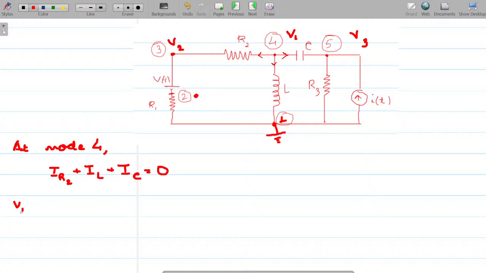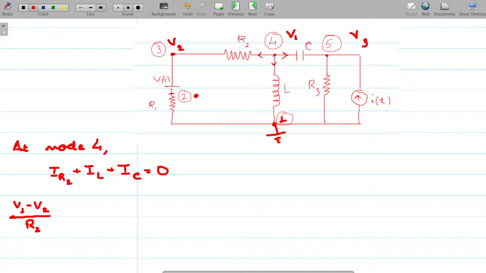Okay, so tell me what is the current through R2? Can I say V1 minus V2 upon R2? Simple application of Ohm's law. Did I not tell you KCL nodal analysis is a basic application of concepts of KCL and Ohm's law.